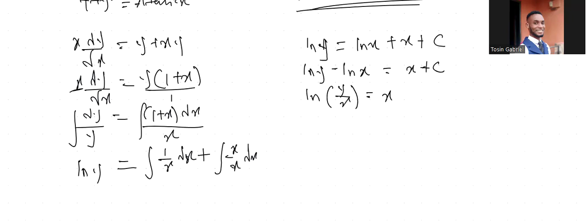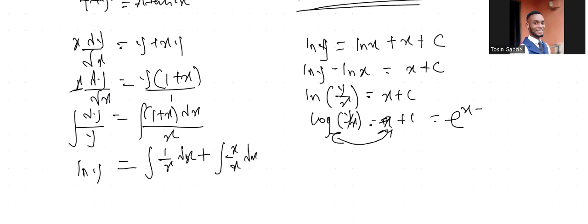Don't forget that this thing is same as log y over x base e. So that e will just shoot up this x plus c. This e will push everything here up to become e raised to the power of x plus c. So we are going to have that y over x is equal to e raised to the power of x plus c.